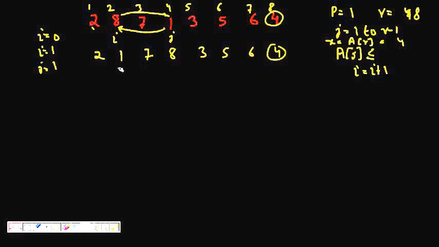So now i is here, and we get a window of numbers which is greater than or equal to the pivot.